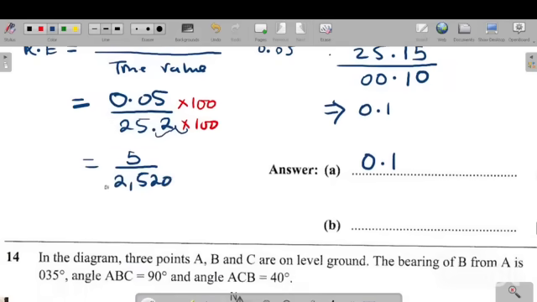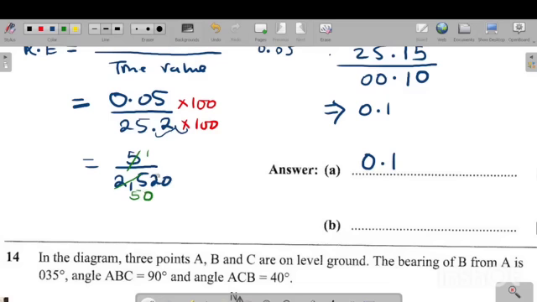Now you start dividing. 5 can go into 2,520. 5 into 5 is 1. 5 into 25 is 5. 5 into 2 is 0.